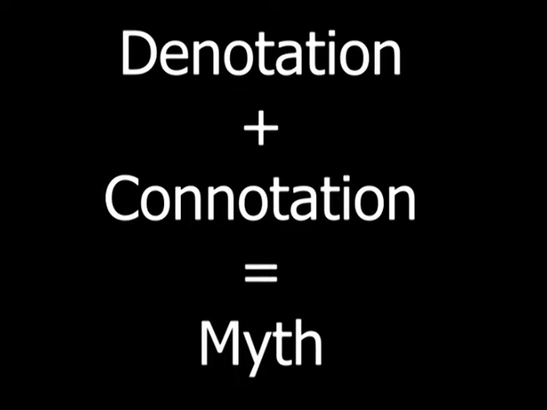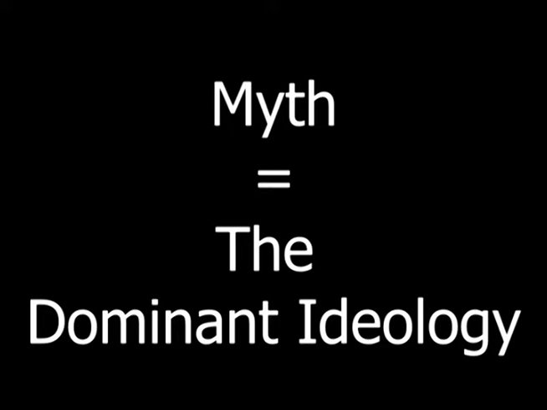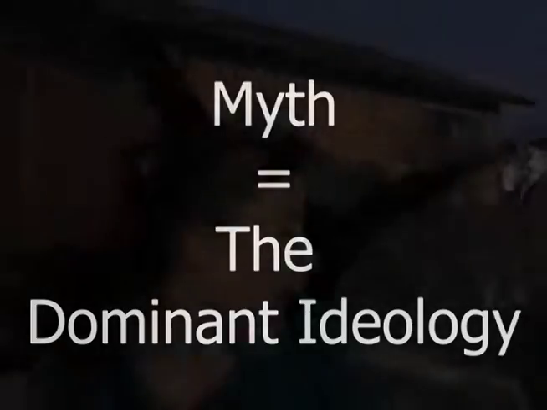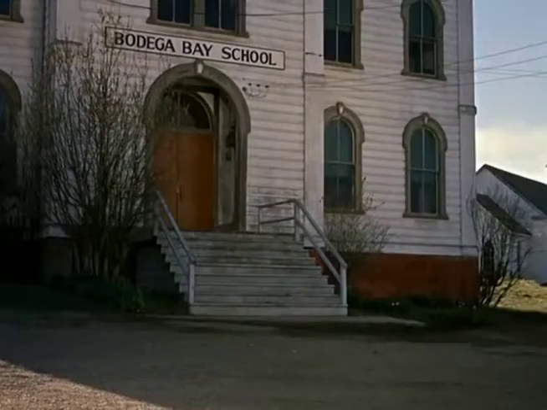Lastly, we will look at how the denotation and connotation within the scene combine to form myth. Remember that myth refers to the dominant ideologies. Bearing this in mind, there is very clear evidence for an ideological perspective being present within this scene. The idea being presented is that of man versus nature.